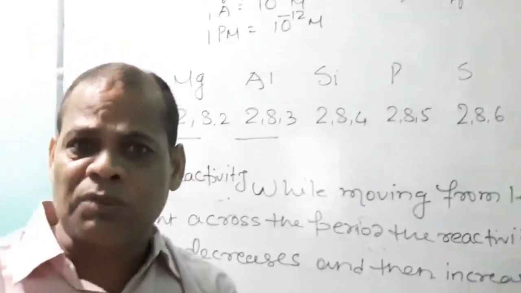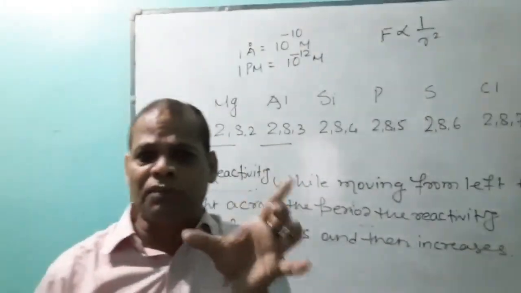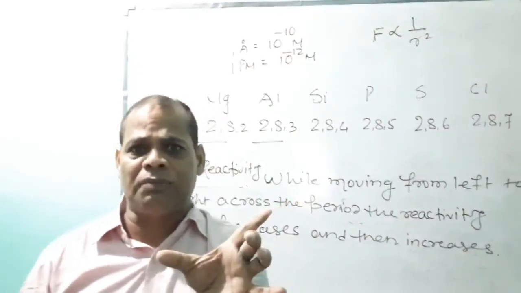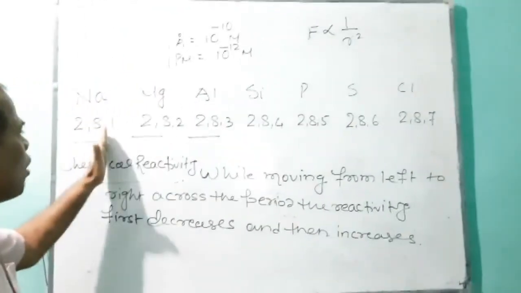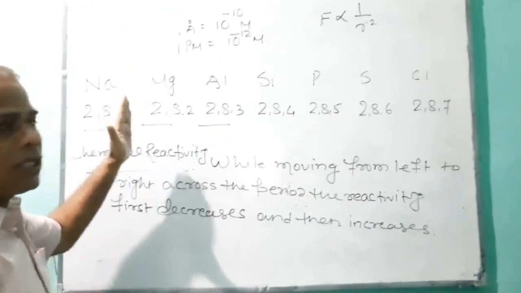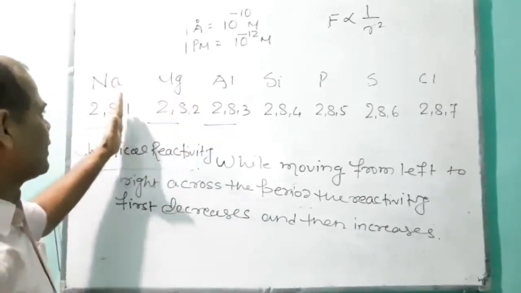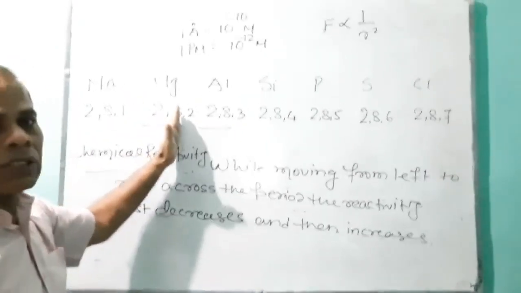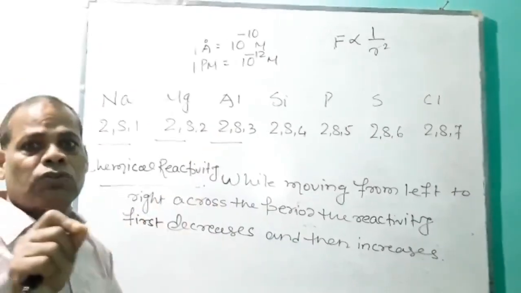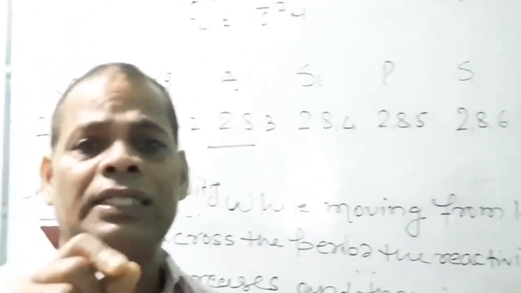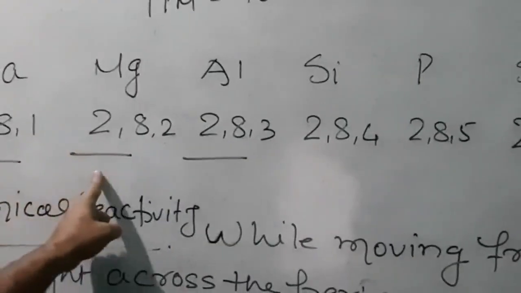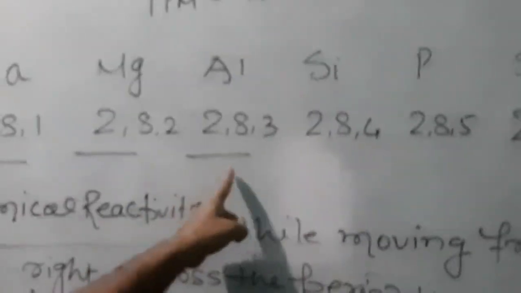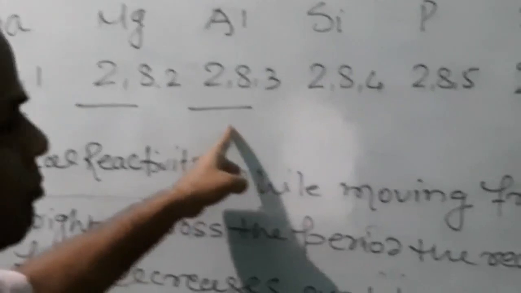Even the size is smaller, it means its electrostatic force of attraction acting between them is strong. So the tendency of losing electron decreases due to decrease in the size of an atom.